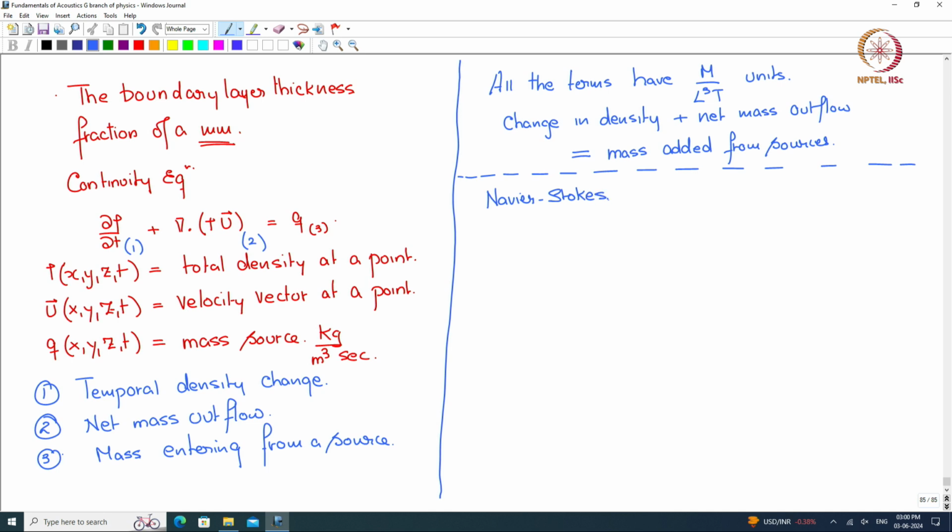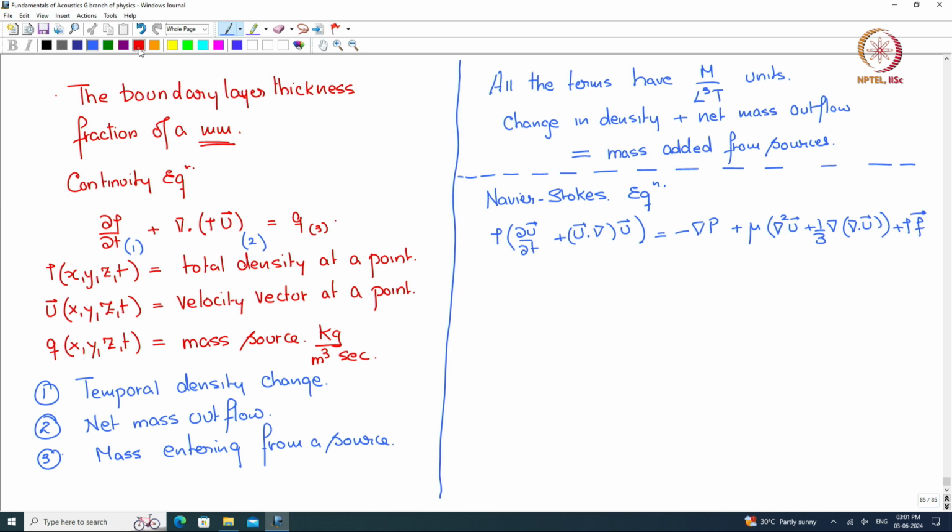We will use the Stokesian approximation or assumption and take a form of this equation, which is rho del u by del t plus u dot del u is equal to the negative gradient of pressure plus mu del square u plus 1/3 del of del dot u plus rho times f bar.